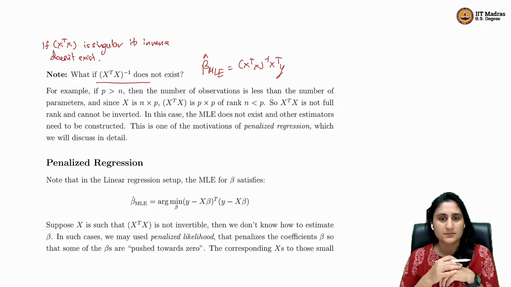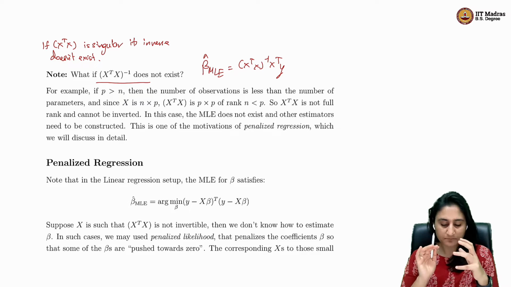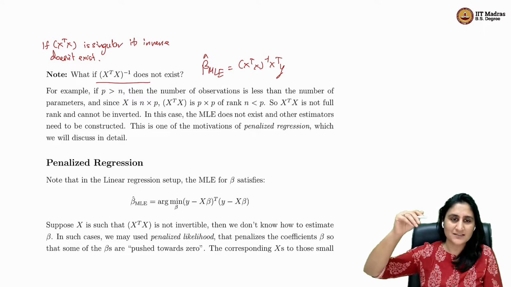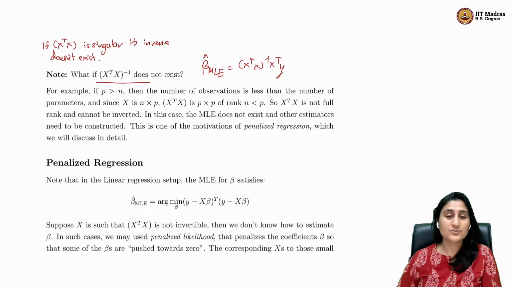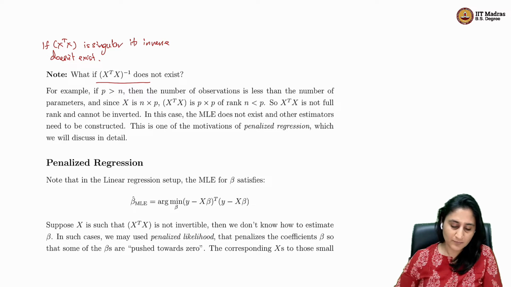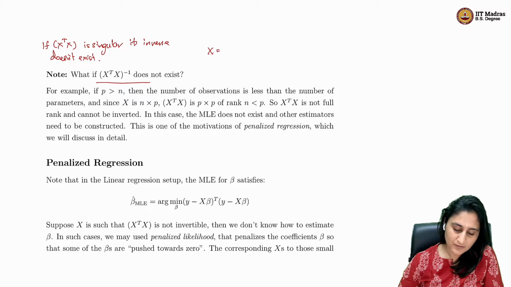So there are two examples of when it could be singular. The first one is when the number of covariates, or regressors or predictors, all meaning the same thing, P is more than the number of observations N. So when the columns of X are more than the rows in X, then what we have is that X, instead of looking something like this, where there are lots of rows and maybe a few columns, looks something like the following.